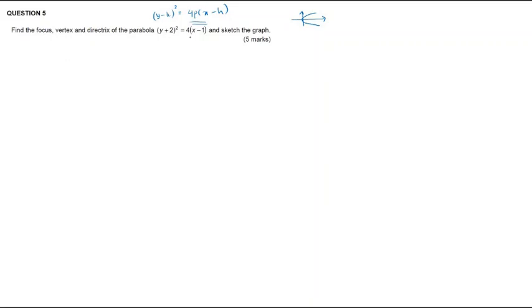By comparing the given equation and the general equation, from there we get the coordinates of the vertex. k is -2 and h is 1. So (1, -2). And then 4p is equal to 4, so p equal to 1.